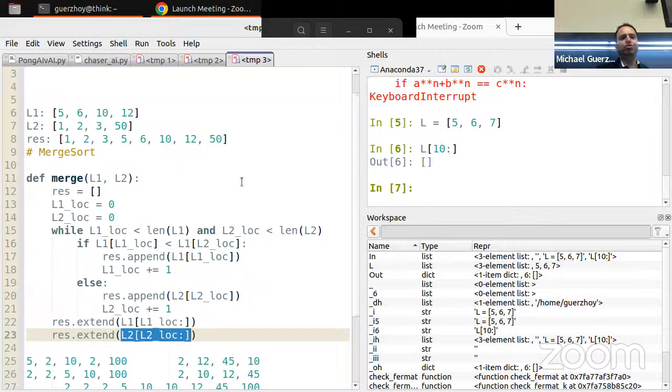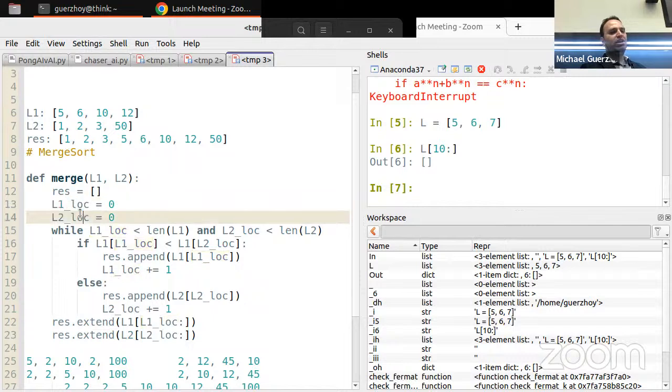So this is the merge. So how long does that take? Well, what we're doing here is going through, and basically we are either incrementing L1 location or we're incrementing L2 location, but not both every time.